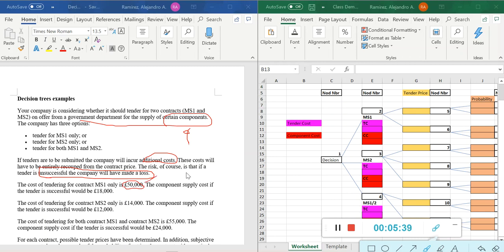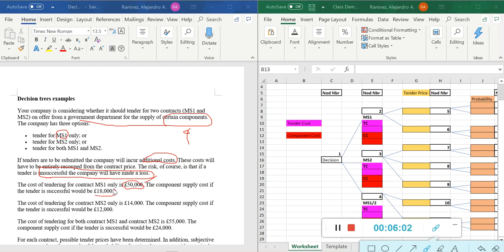Okay, I'm not gonna recover them. If the government says I don't like your proposal, just for applying for it, I'm just gonna lose 50,000 for starters. Now, if this gets accepted, that means I will have to deduct this from my final profit.